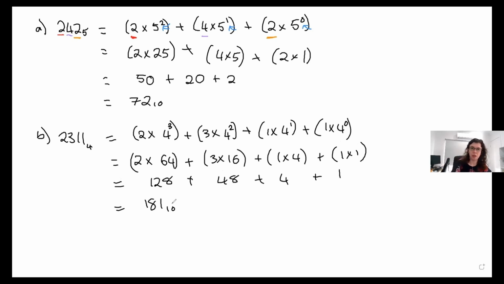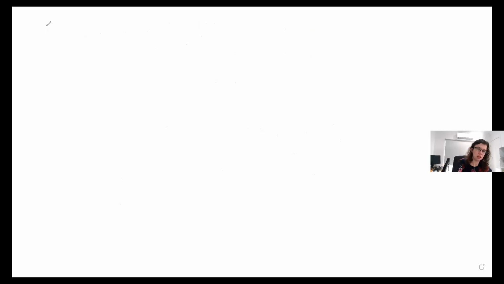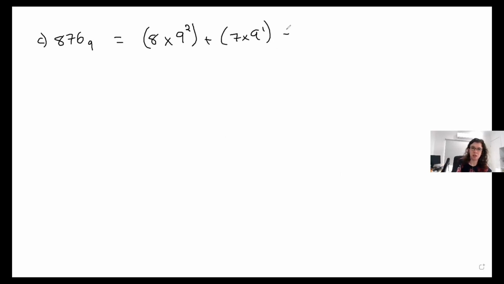All right. Hopefully this is making sense and we're seeing a pattern. The last question then was 876 with a base of 9. So again, we take our first number and it's going to be 9 to the power of 2 this time, because the number of numbers is 3, subtract 1 to give 2, plus 7 times 9 to the 1, plus 6 times 9 to the 0.